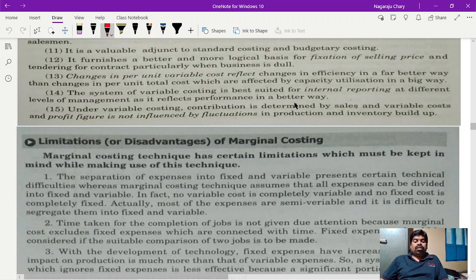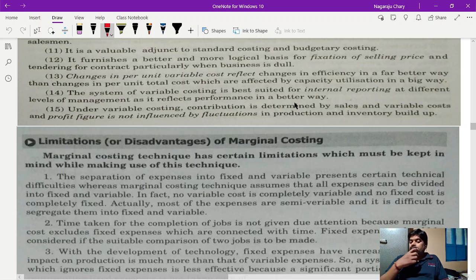Under variable costing, contribution is determined by sales and variable cost, and the profit figure is not influenced by fluctuations in production and inventory buildup. So in this method, production and inventory are not influencing the profit, because here profit is calculated based on sales.